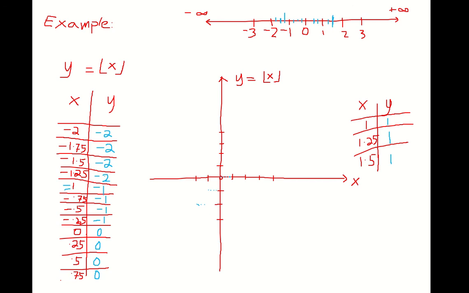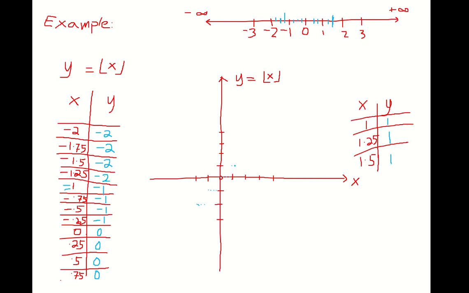Then next we have 1, so when x is 1, the greatest integer function y equal to 1, so we have it at this point. Then when x is 1.25, the greatest integer function is also 1. So 1.25 is somewhere here, so the point is here.